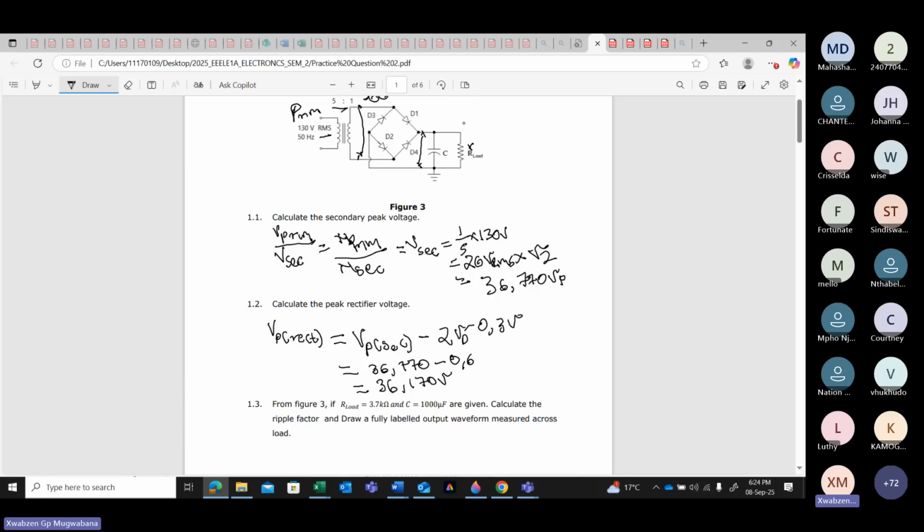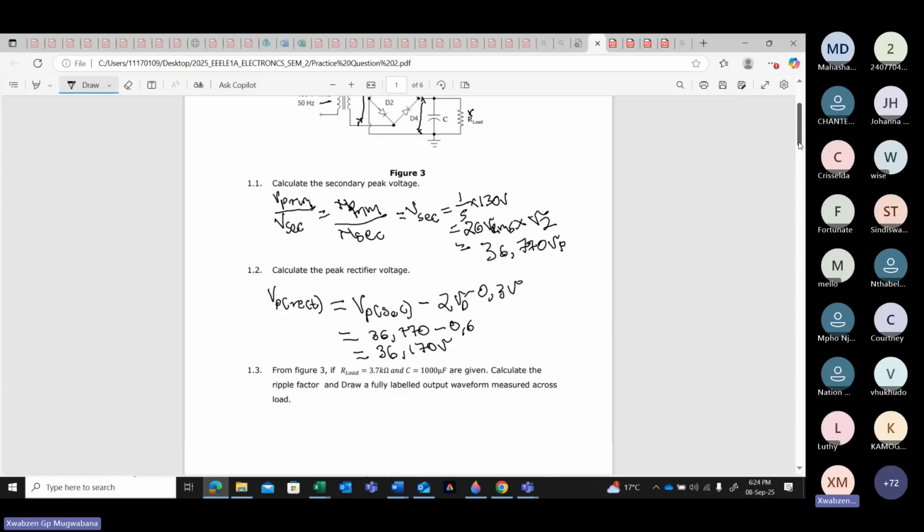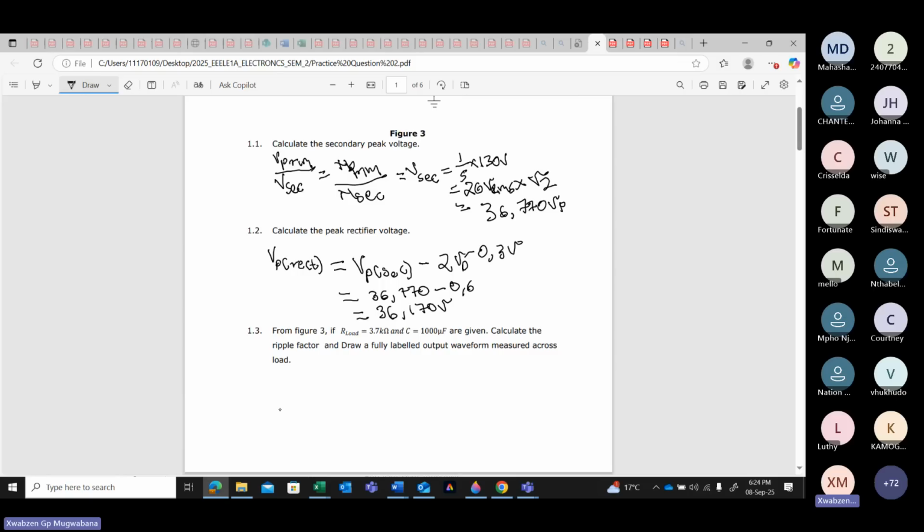Which means now I need to determine your ripple factor. What is your ripple factor? When you determine the ripple factor, you're going to say my ripple factor is given by your V ripple peak to peak divided by your VDC.